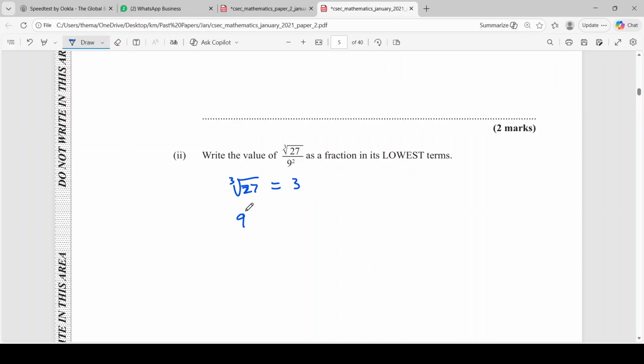And then 9 squared is 9 nines are 81, right? So therefore what I have here is the cube root of 27, which is 3, over 81, and I want the lowest term. 3 into 3 is 1, 3 into 81 is 27. So 1 over 27 there is the answer, right? That's the lowest term.